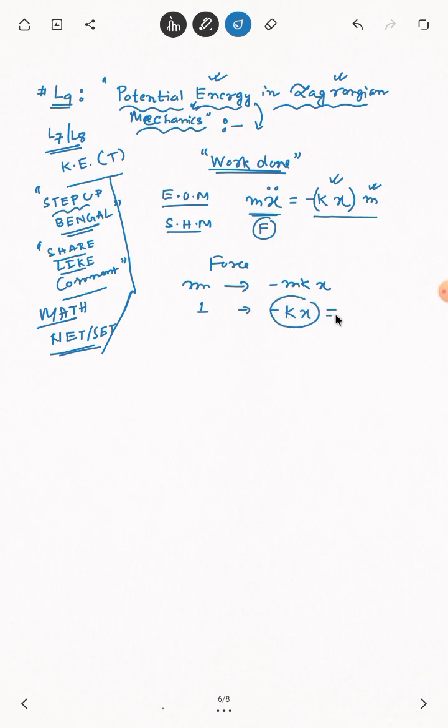This is denoted as, in general, capital F. So here the result is mf equal to force. This minus kx is mx double dot equal to force F into m.